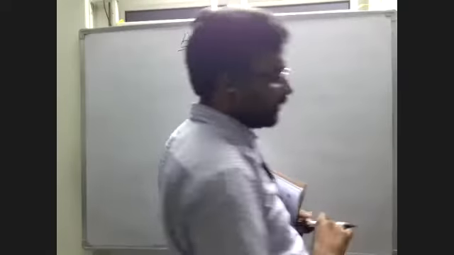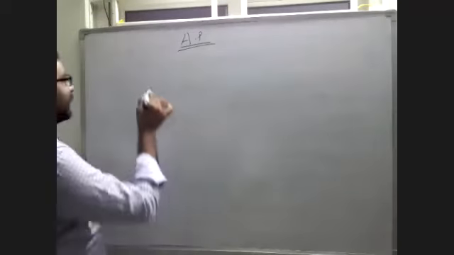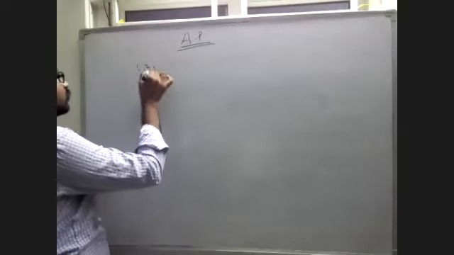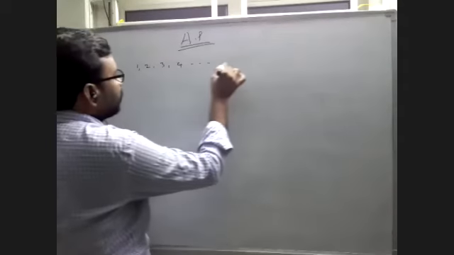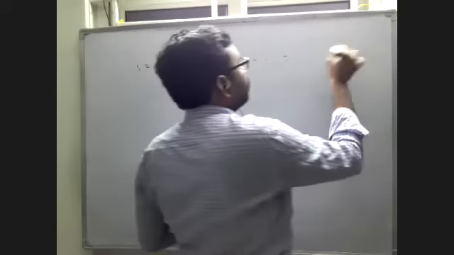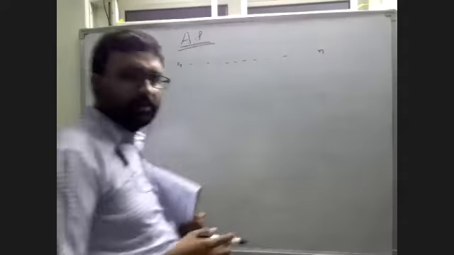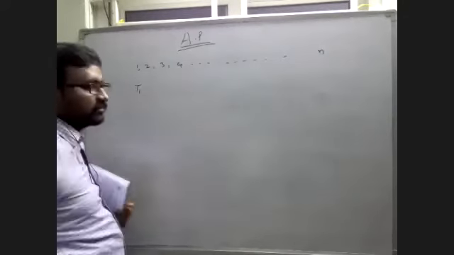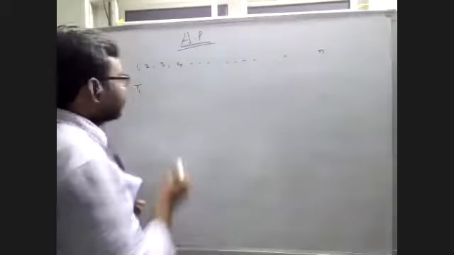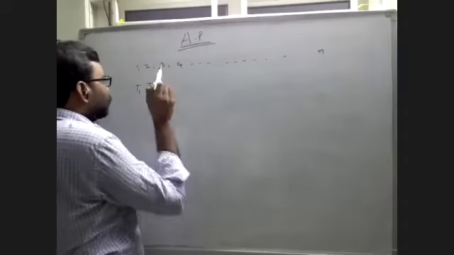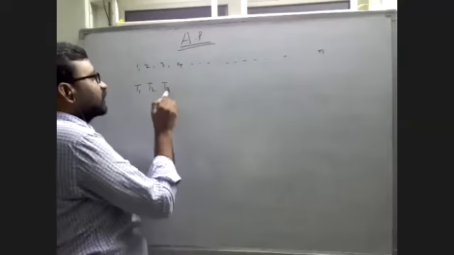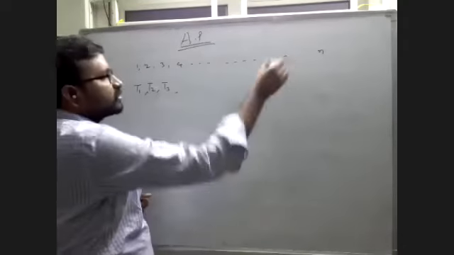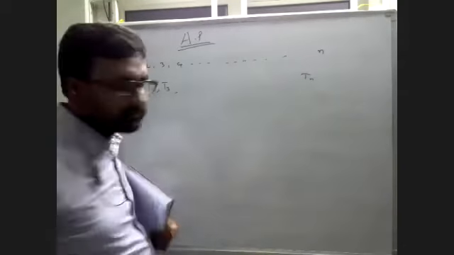Now Tn means suppose we have 1, 2, 3, 4, 5, 6, 7 up to n numbers. This is the first number, so we write T1, term 1. This is the second number, T2. This is the third number, T3. Like this, the last number we write as Tn.